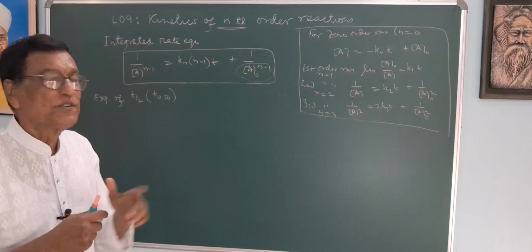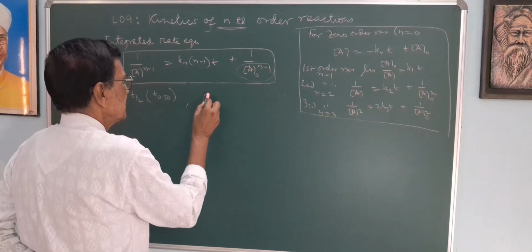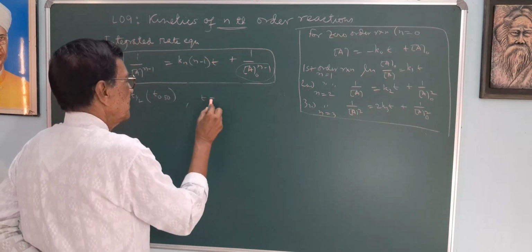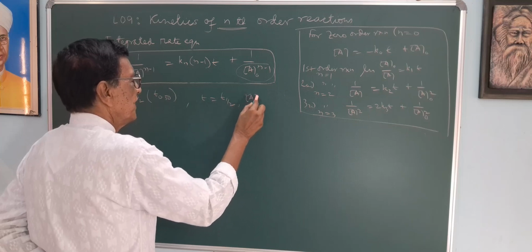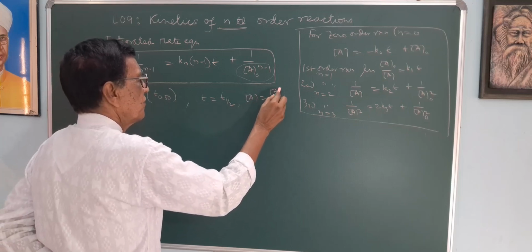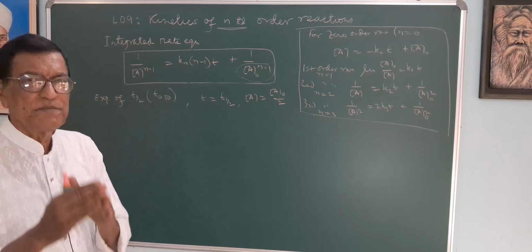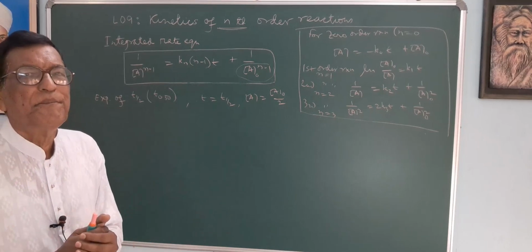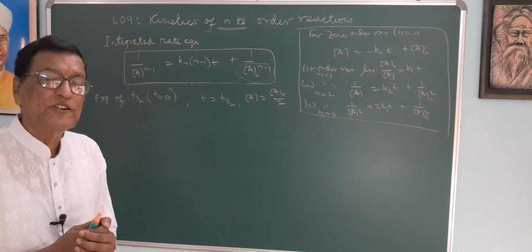What is the time required for the nth order reactions? So in this case, when t equal to t half, concentration of A equal to concentration of A0 by 2. Initial concentration becomes half, cut in half. Whenever this time is equal to the half decomposition period.